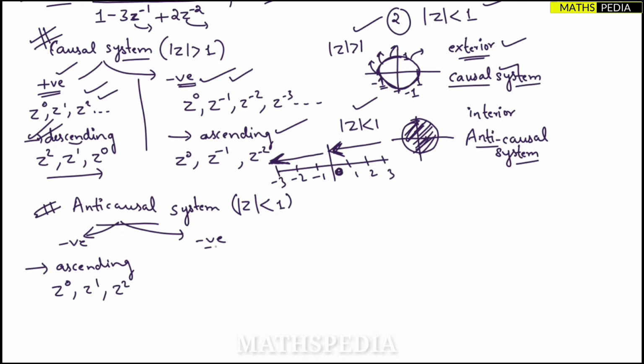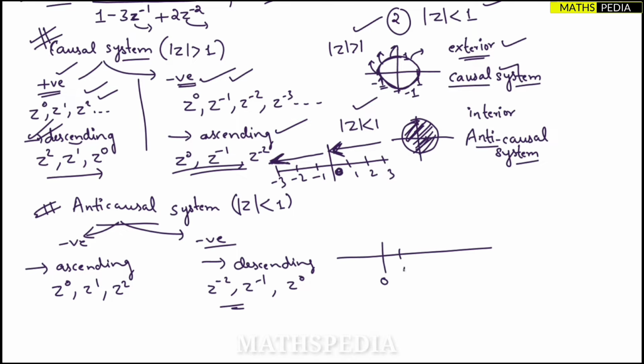Here negative, we have to keep it as descending, so it will be z power minus 2, z power minus 1, z power 0, opposite of this. Okay, that's it. Here if you want you can remember like this. Here 0, then 1 2 3, here minus 1 minus 2 minus 3. So basically the direction is like this. Okay, this is the way you can remember for anti-causal and causal.